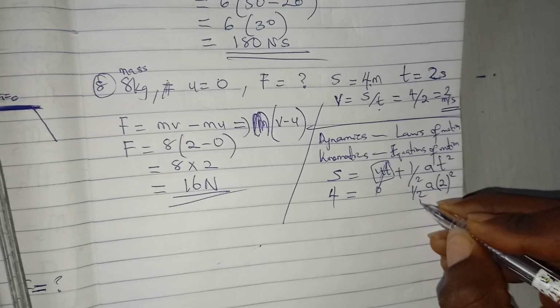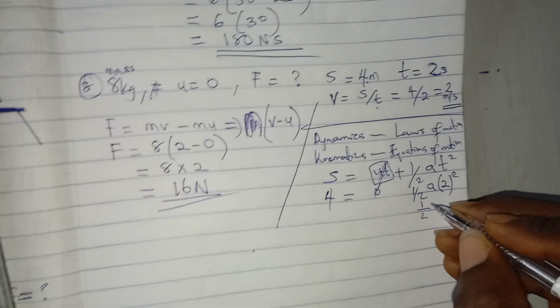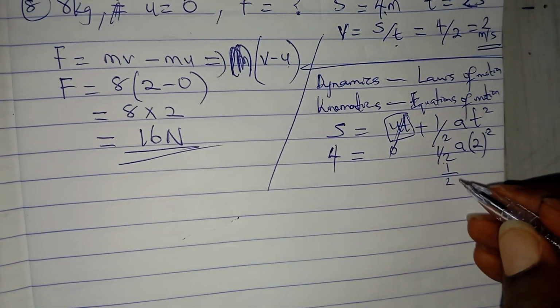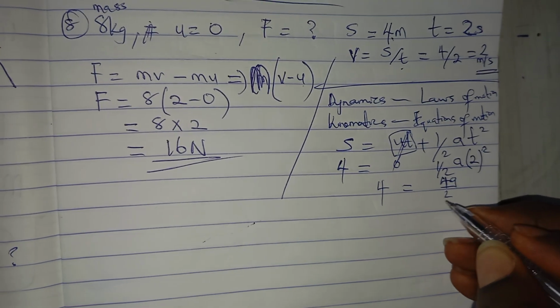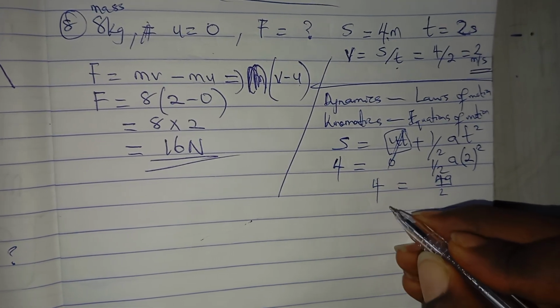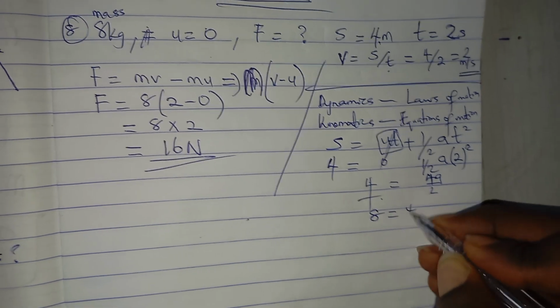You can see that this becomes half of 2 raised to power 2, which is 4. So it becomes half 4a equals 4. And you know that this can go and times this, so that you get 4 times 2 is going to be 8 equals 4a.